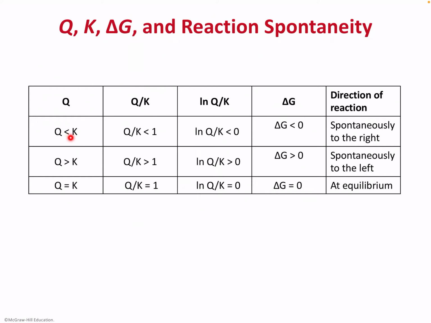Q is less than K, so Q over K is going to be less than 1, ln Q over K is going to be less than 0, so delta G is going to be less than 0, meaning it's spontaneous to the right. If Q is greater than K, delta G is going to be greater than 0, so this would be spontaneous to the left. If Q equals K, it's at equilibrium.